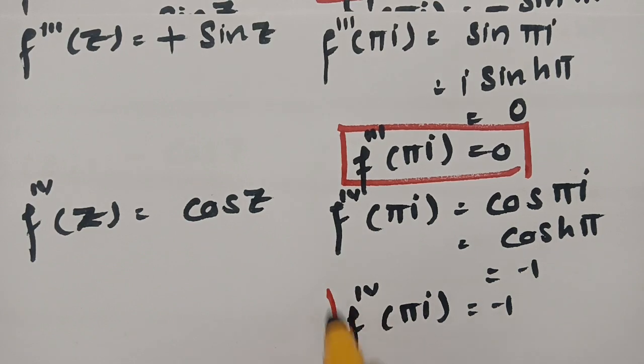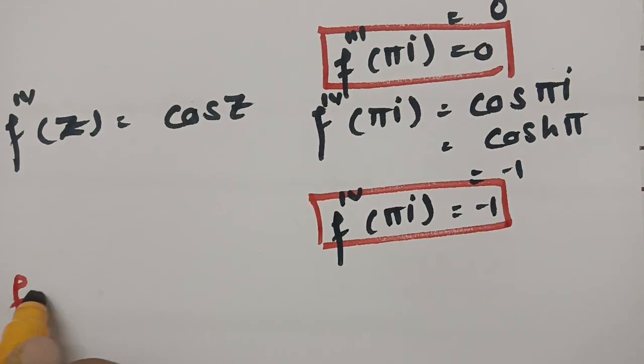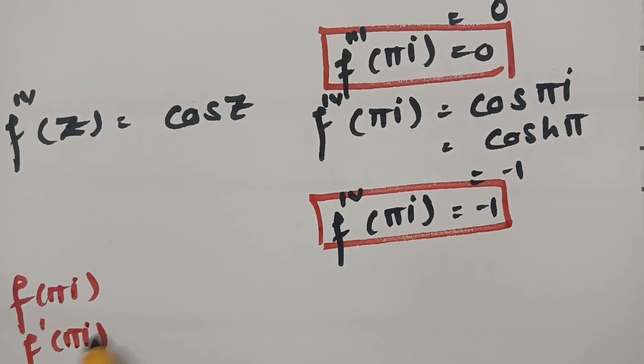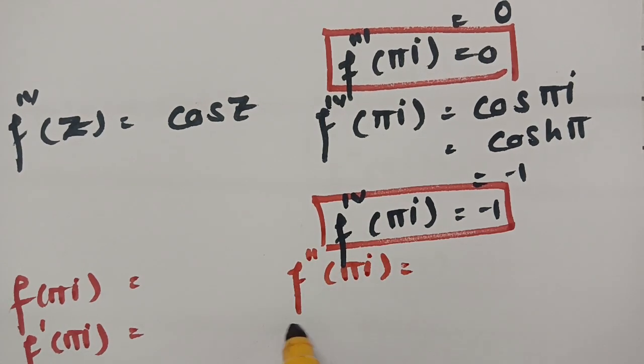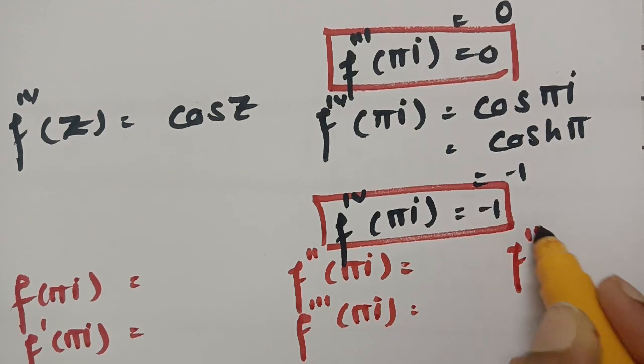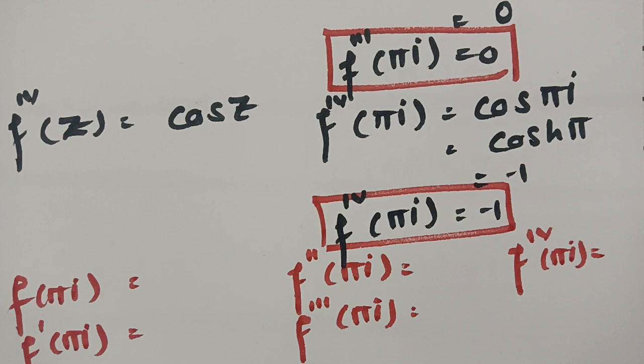Therefore, see here, the values I am writing: f of πi, f dash of πi, f double dash of πi, f triple dash of πi, and the fourth derivative of πi. So I'll mention all the values here.